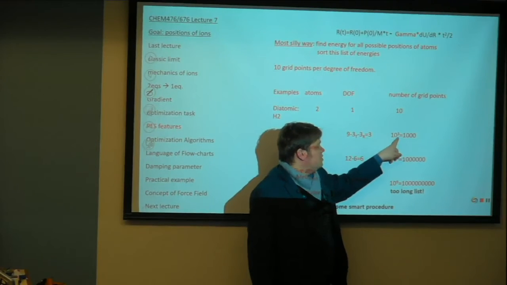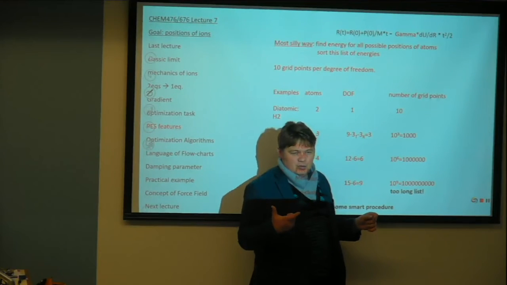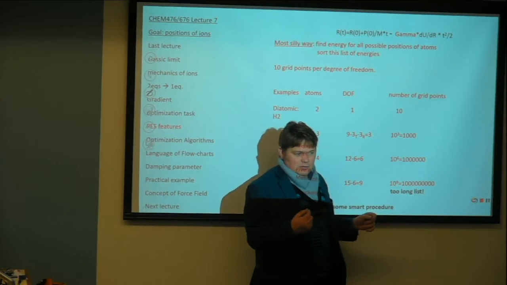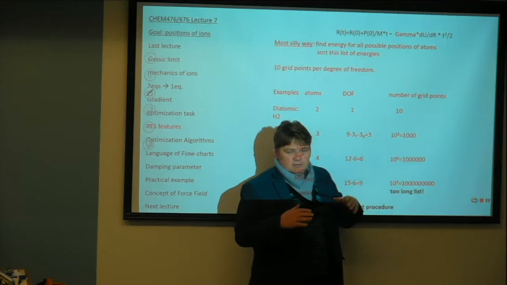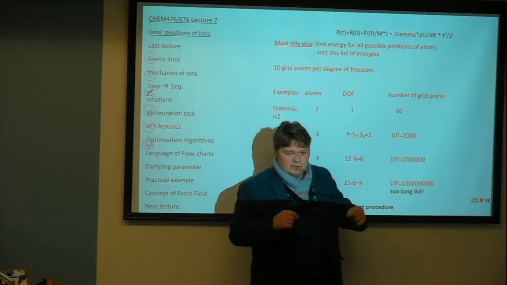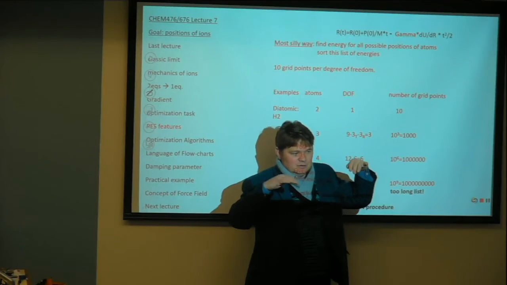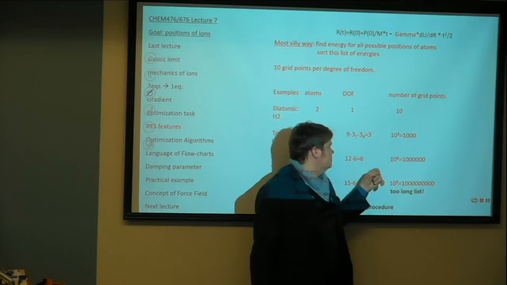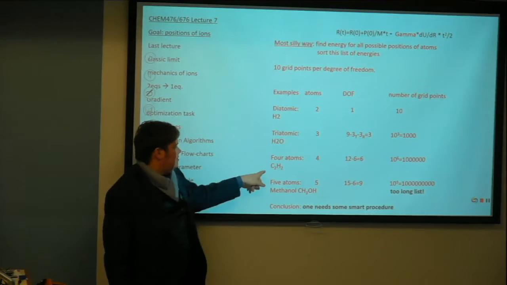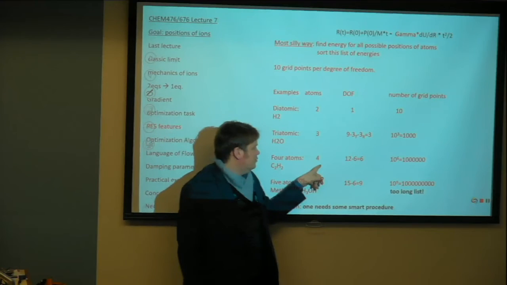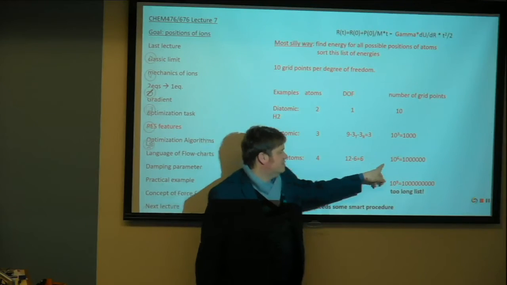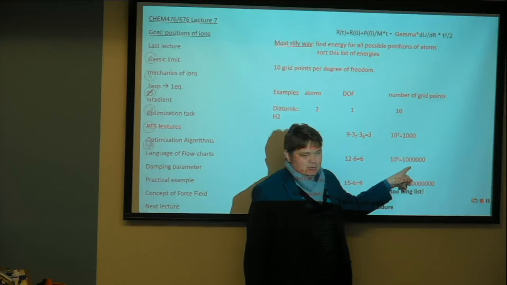Then for each degree of freedom we have 10 points: 10 times 10 times 10, 1,000 points. It's still possible. 1,000 interatomic distances, 1,000 potential energy values. If we take something humble like ethane, n equals 4, 3n minus 6 will be 6. So one needs a million points.